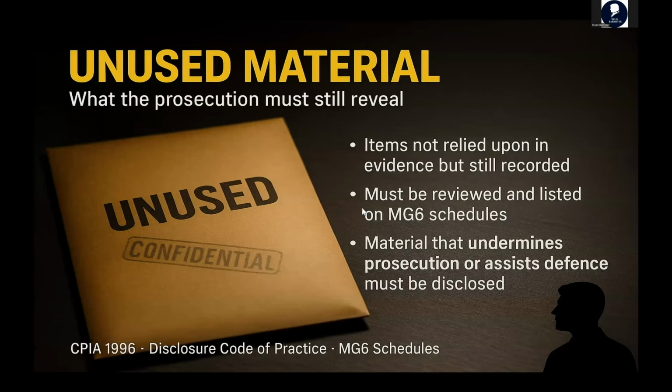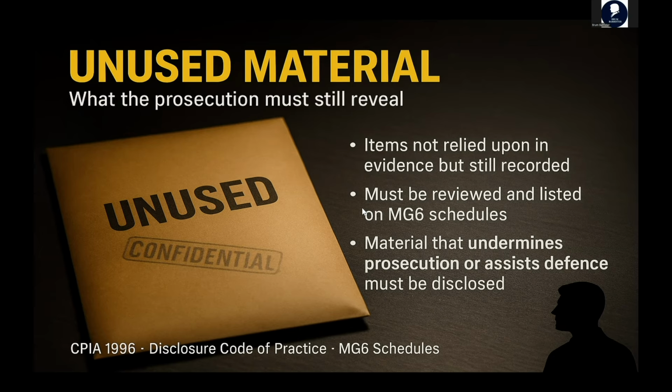You may have heard the term unused material. Unused material means anything gathered but not relied upon at the trial. This could be anything from body cam footage to extra witness statements, phone data, drafts, rough notes, all of it. It's listed on the MG6 schedule, reviewed by a disclosure officer and certified by the prosecutor.